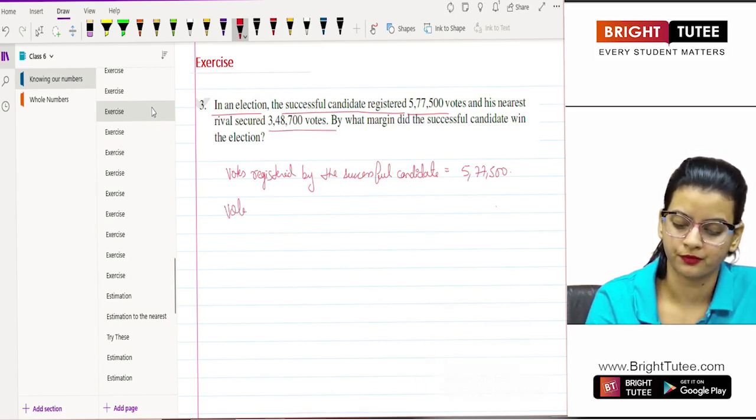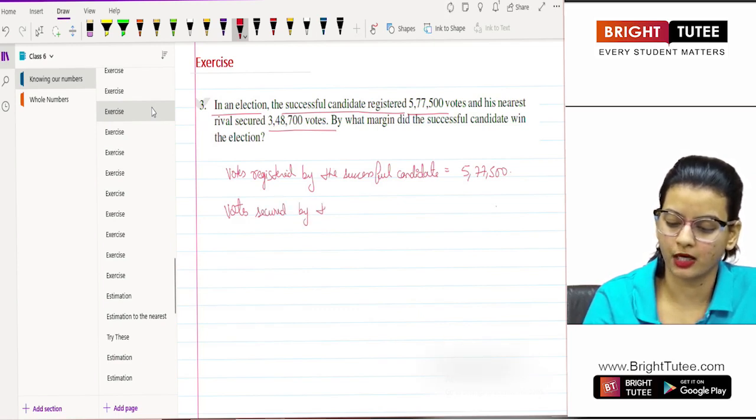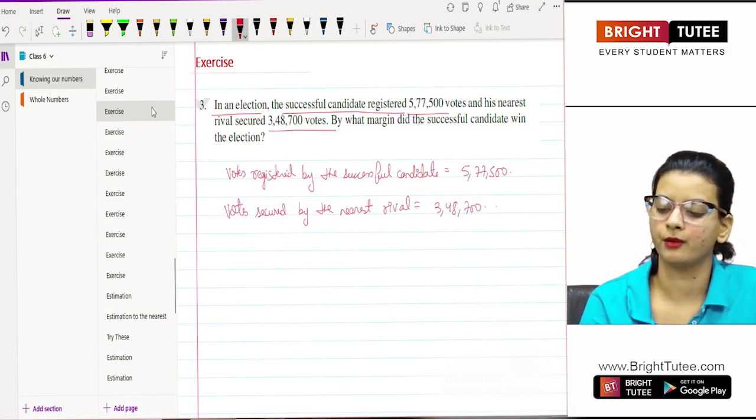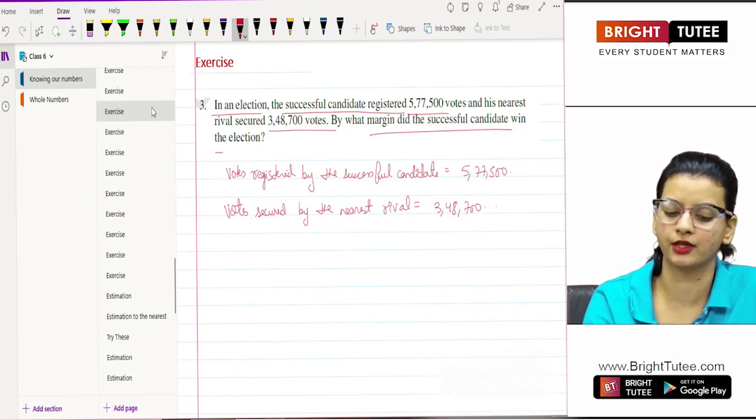So votes secured by the nearest rival is equal to 3,48,700. Now, by what margin did the successful candidate win the election?